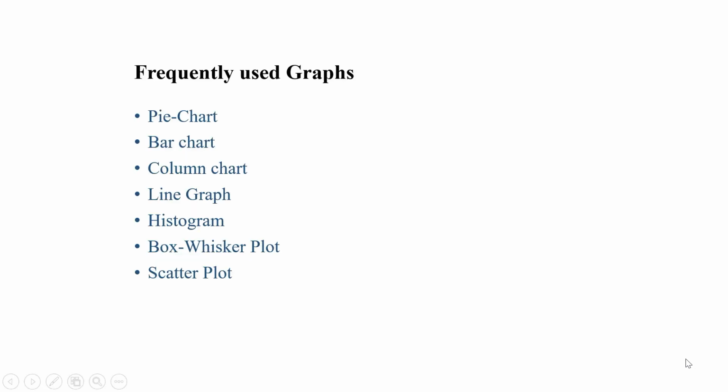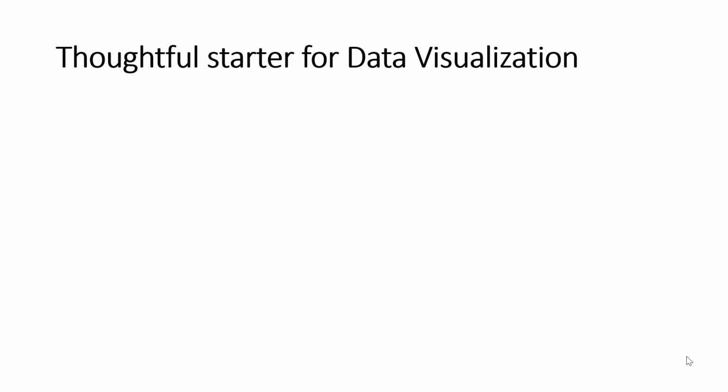There are various graphs available. Some of the easiest and most frequently used graphs are pie chart, bar graphs, column charts, line graph, histogram, box whisker plot, and scatter plot. Which graph we should use under which scenario depends upon the objective of our study. So, suppose we want to study the composition of our variable.